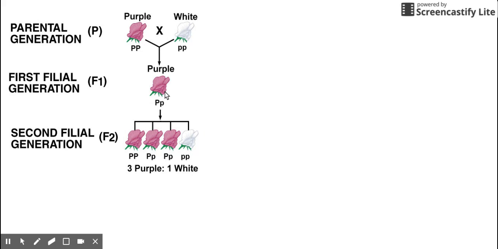In this case, the purple factor or purple allele is dominant over the white factor or white allele. And he called the other factor recessive. So we have dominant or purple alleles and recessive or white alleles. So that's the main idea behind Gregor Mendel's first law of genetics, the law of dominance.